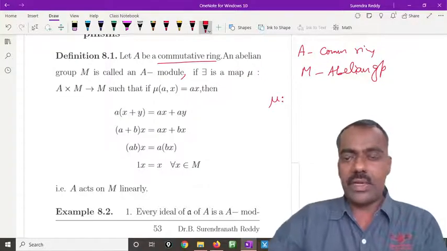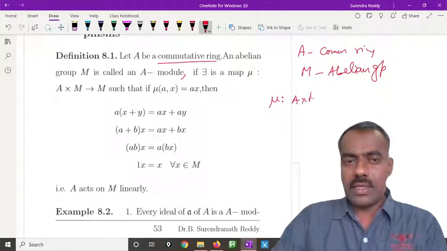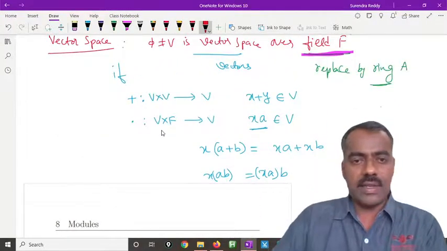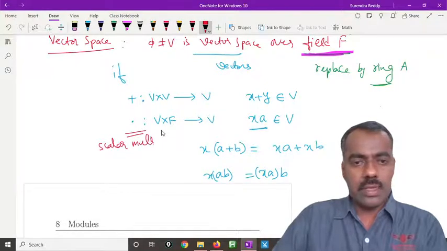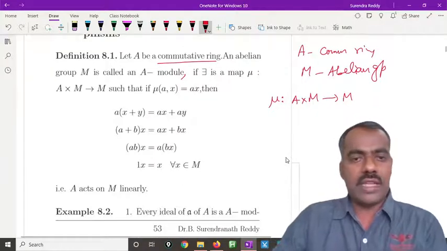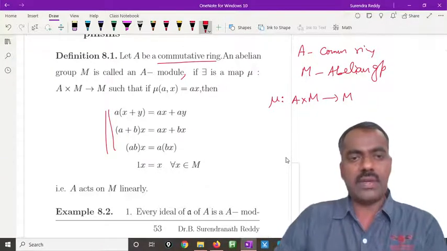Precisely, this one is the same as scalar multiplication, as in a vector space. That same map should satisfy these properties which we have seen already.